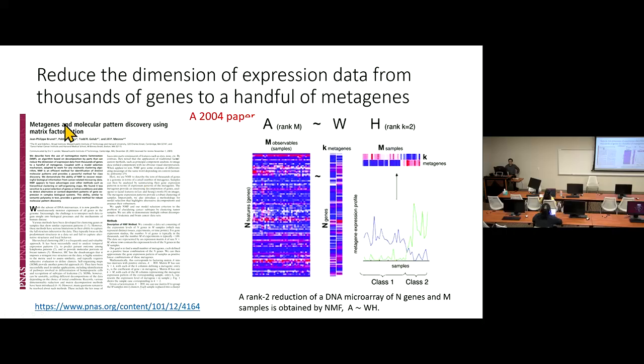And the paper, a PNAS paper, gave a name for these components. It's called meta-genes. Or you can consider there are multiple genes functionally in the same group or same gene program, expression program. So in this case, the author believes this matrix contains 2 meta-genes, or there are 2 independent gene expression programs.